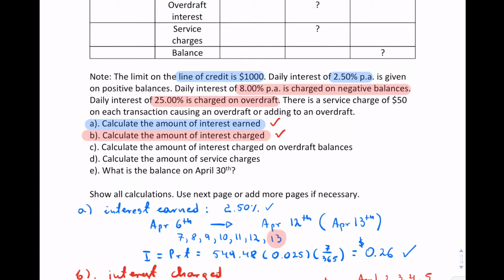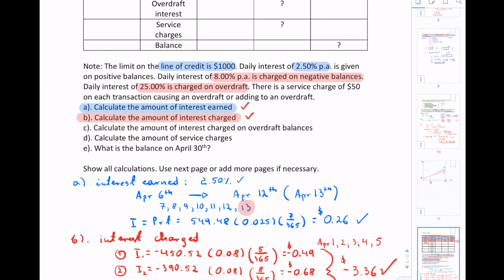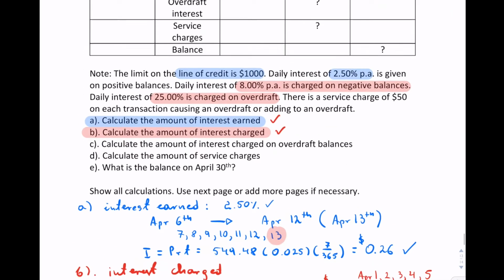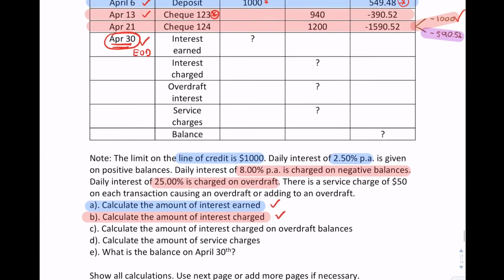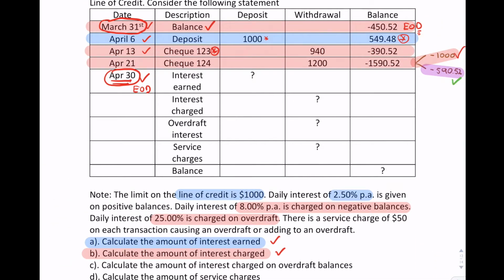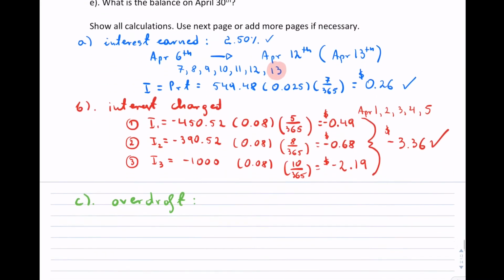Now, interest on overdraft. So here I'm going to add a page for myself so that we can continue. So this is part C. This is overdraft. So if you go back, that only happened once, and that's $590.52.